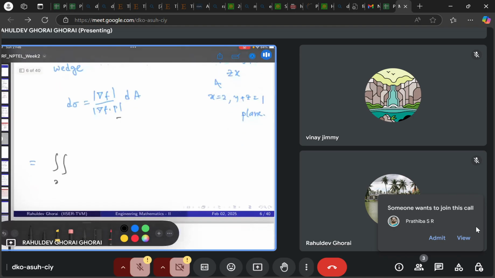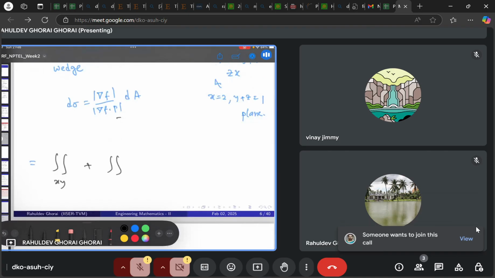So this will be over the xy plane, plus over the yz plane, plus over the zx plane, and plus over the plane which is x equal to 2 and y plus z equal to 1.